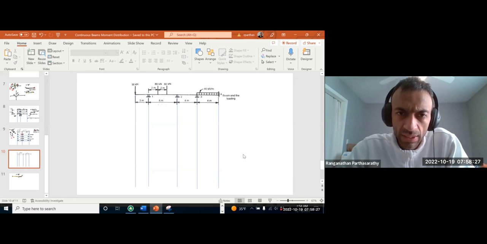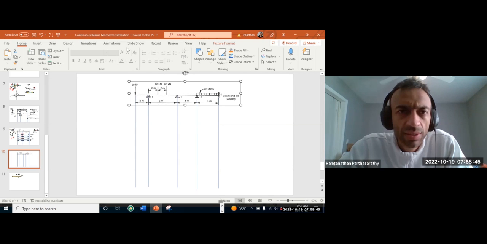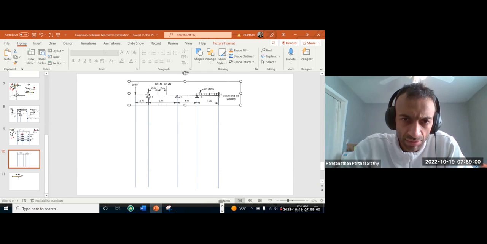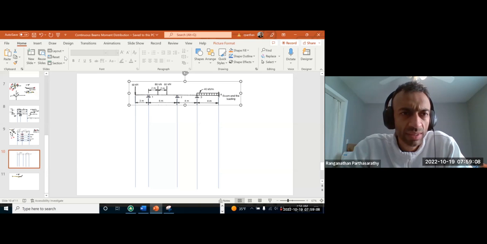So we can do it in one way to avoid any further issue from this overhang. Because for this particular overhang, it is clear if we make a cut to the left of this support, we will have 50 times 3, 150 kilonewton meter moment here. So let's just put that one.